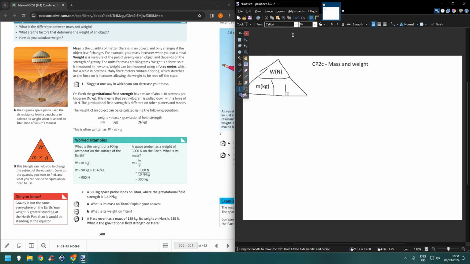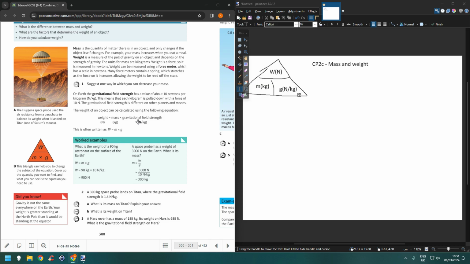For combined science, I'm not sure you even need it with separate sciences, but for the case of combined science, 10 newtons per kilogram is the gravitational field strength on Earth. So we just put g there for gravity in newtons per kilogram. So that's 10 for Earth. And there's our formula triangle done.